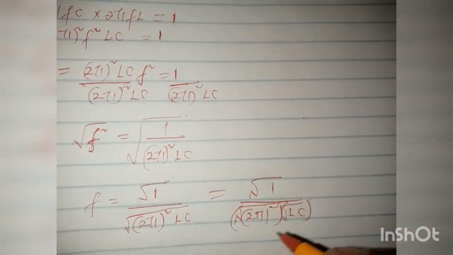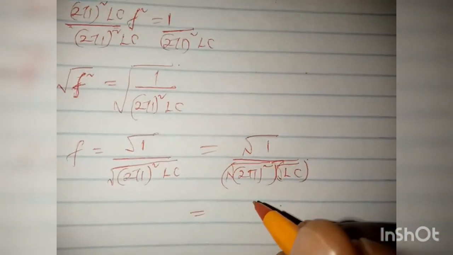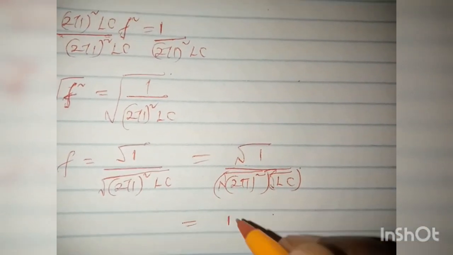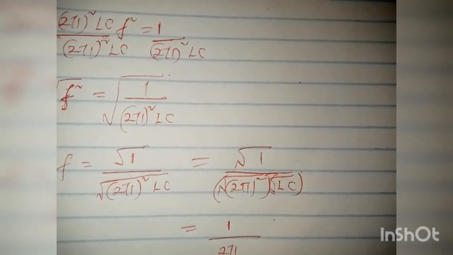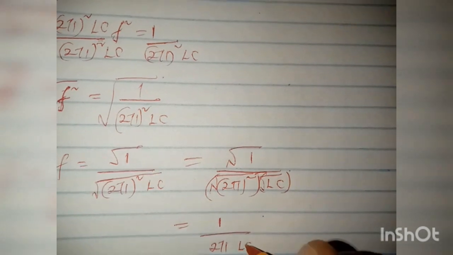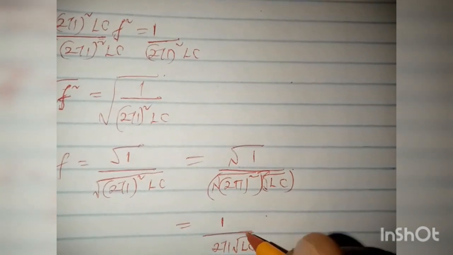Are we there? And the square root of 1 is 1. Then the square root of (2 pi) squared is 2 pi.